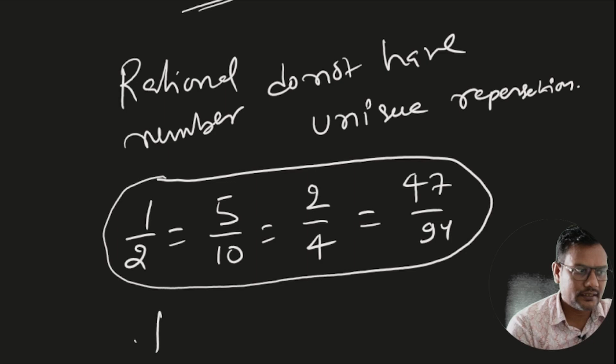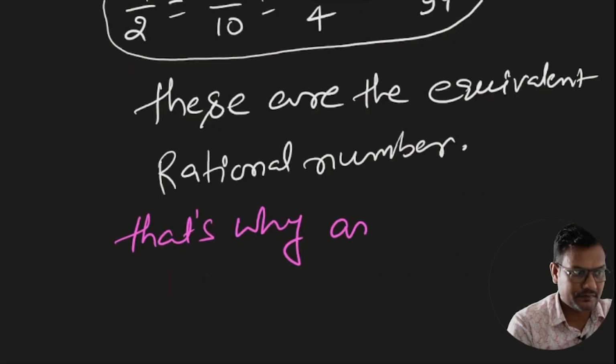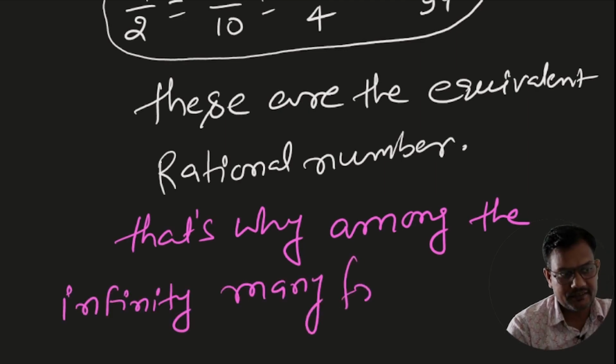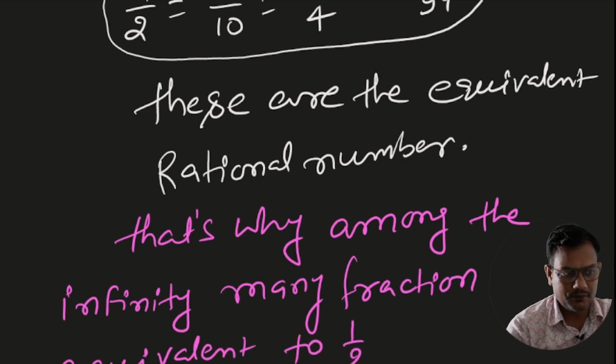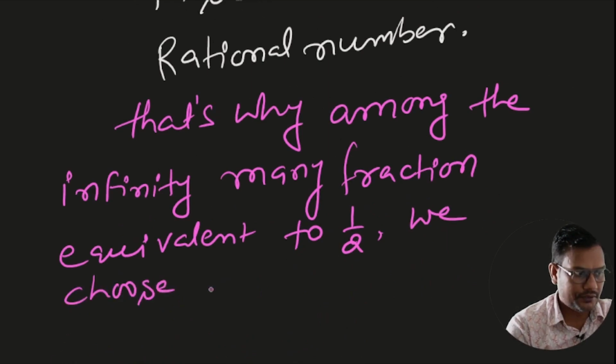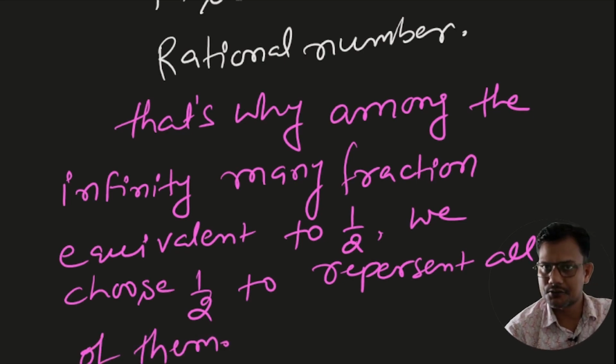That's why among infinitely many fractions equivalent to 1 by 2, we choose 1 by 2 to represent all of them, understood?